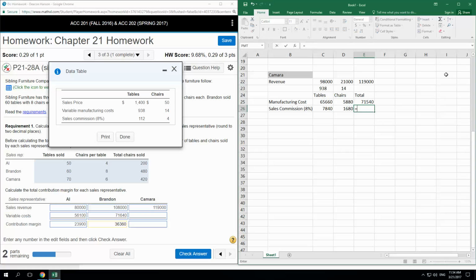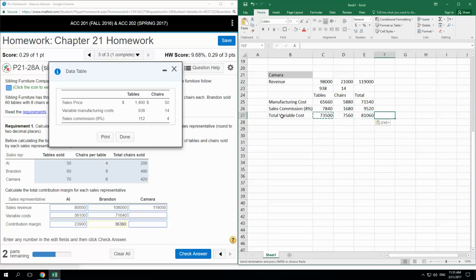Oops, I double added that. So I got total variable costs. Add your manufacturing and your commission. That gives you your total variable cost. Right?